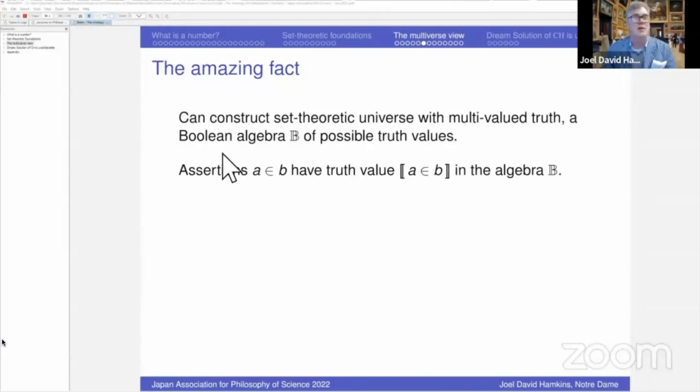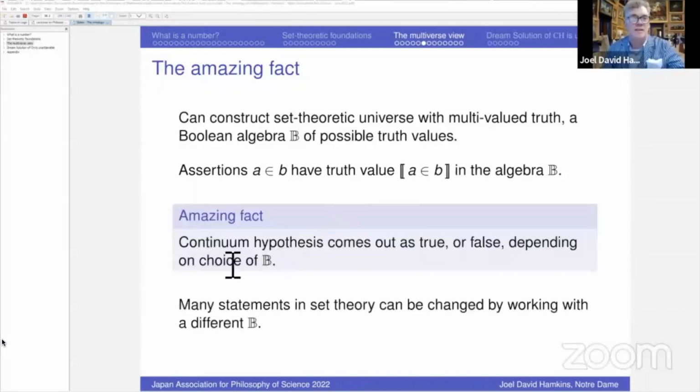So if we built the cumulative universe in such a way using multi-valued truth, then the amazing fact is that, by picking the right Boolean algebra, we can make the continuum hypothesis come out true, fully true, truth value 1 in the Boolean algebra. Or if we use a different Boolean algebra, we can make it false. And many of those statements that I mentioned earlier can be affected in their truth value just by building the set theoretic universe with a different multi-valued truth. A different Boolean algebra gives rise to different set theoretic truth.